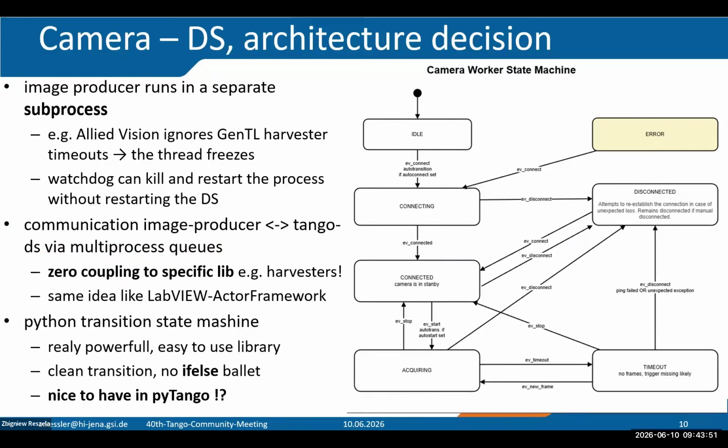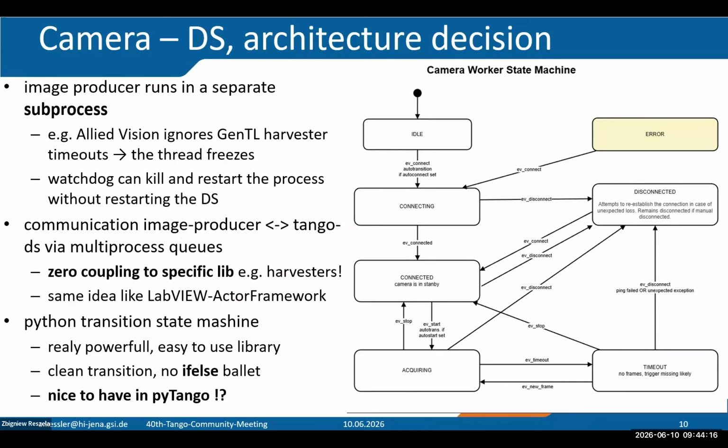So it's completely independent from the implementation. You can replace the harvesters, for example, by a simulator or by a file reader. So this is point one. Basically, it's the same idea as the LabVIEW actor framework. If somebody knows this actor pattern, it's familiar at one glance.